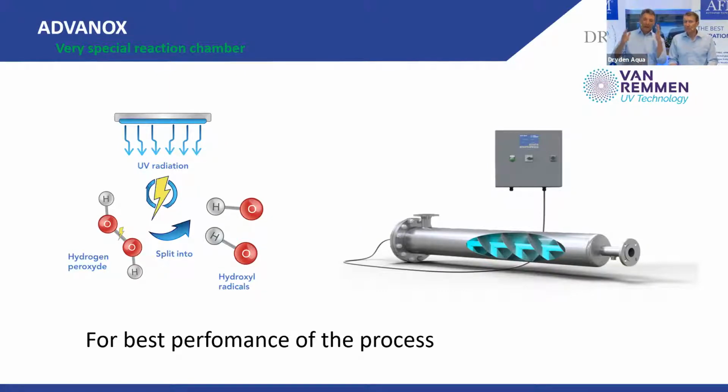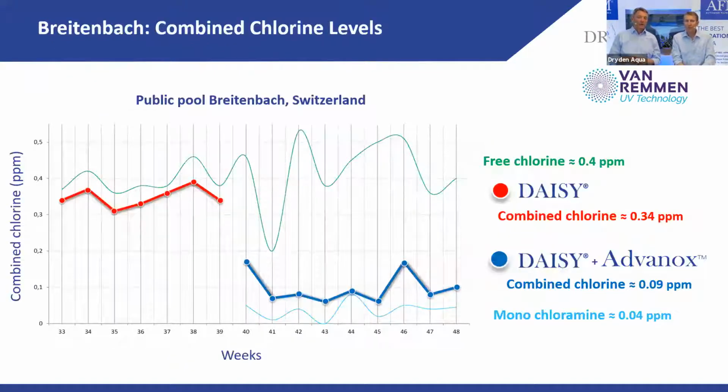This is why we know our unit works perfectly. If you go to one where you don't have this mixing flow, it will work much less well. I don't know the American systems, but that would be something you should have a look at. Yeah, absolutely.